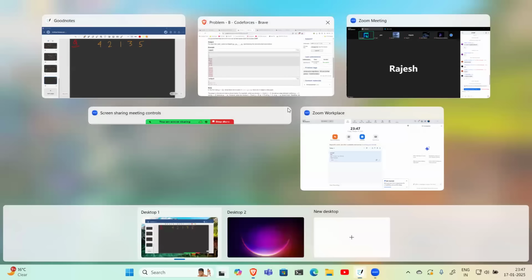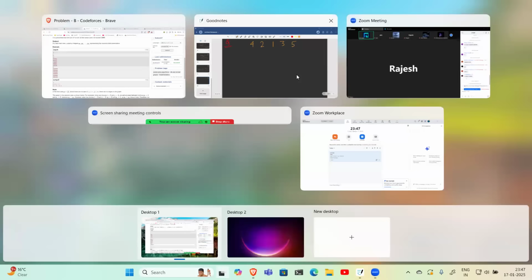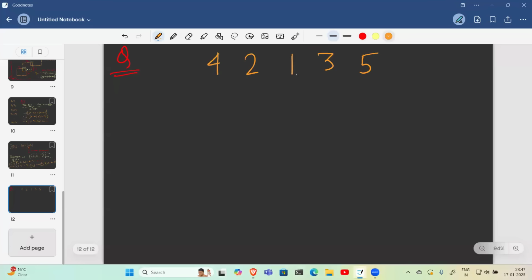So first of all, let me tell you the procedure. Suppose they have given some permutation, 4 2 1 3 5. They said that they will follow some procedure to construct a graph from this permutation.